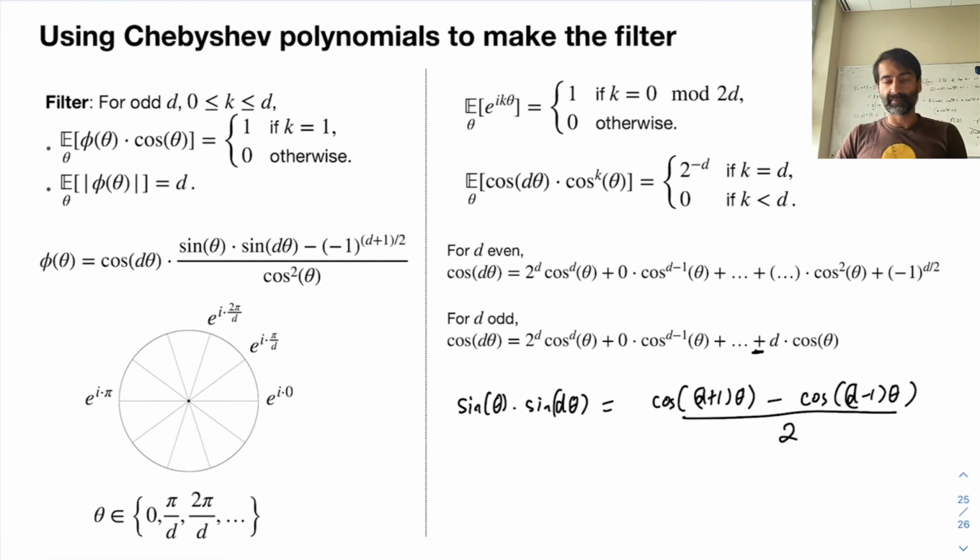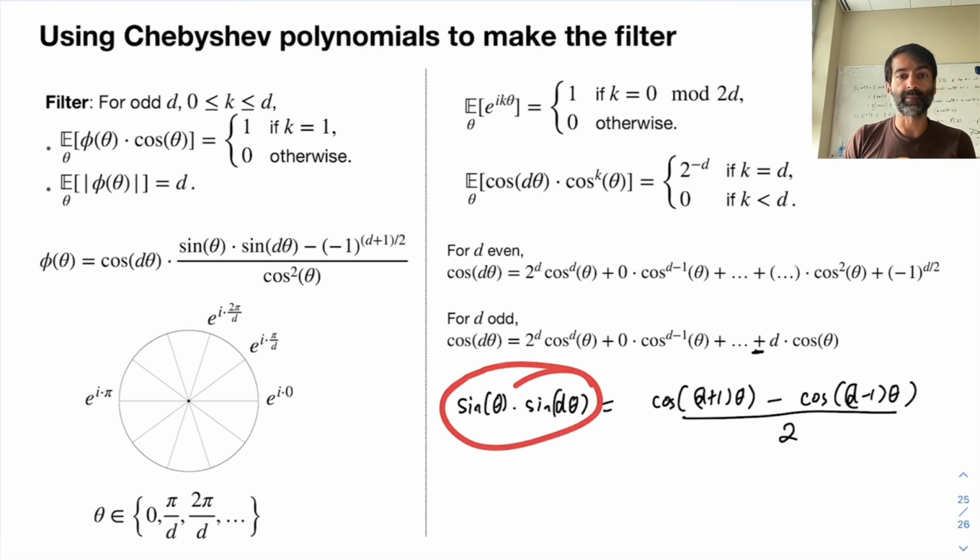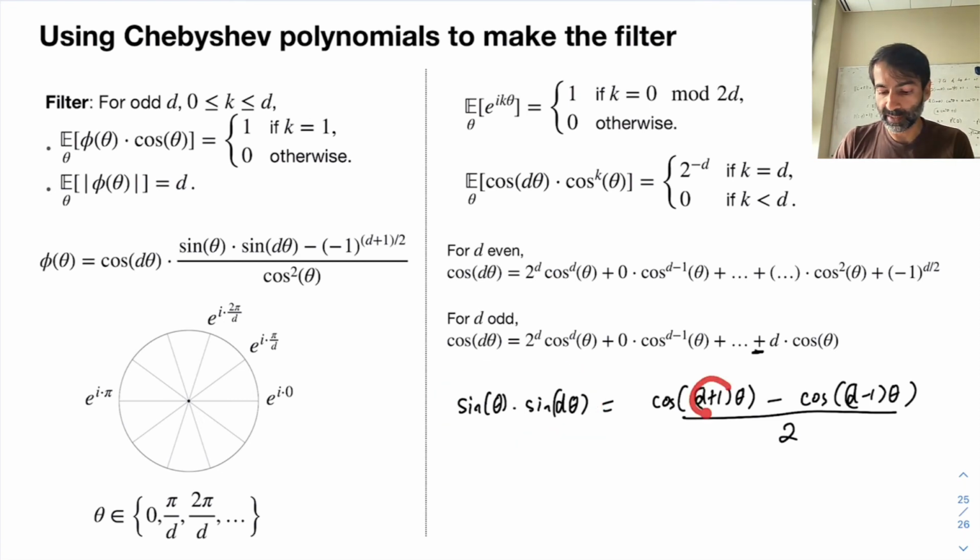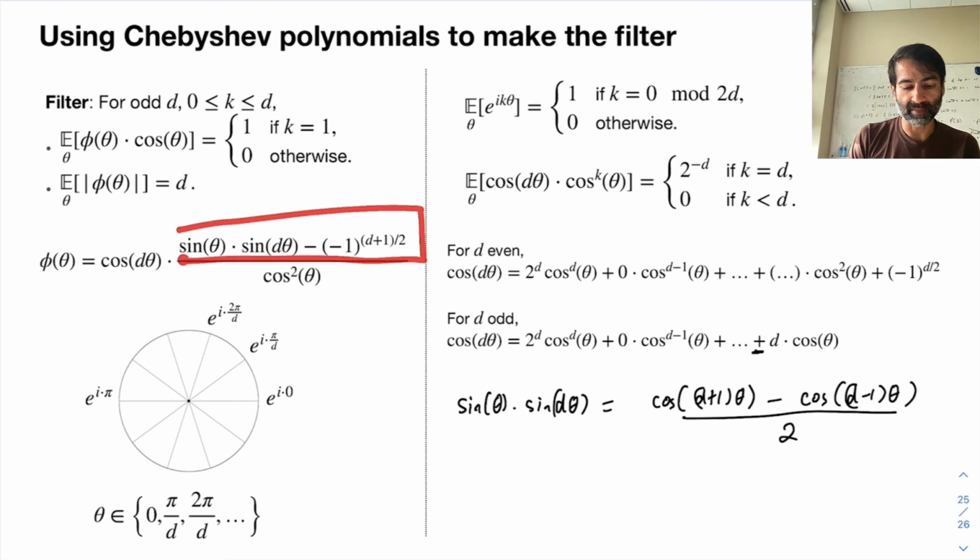Okay, and that means in particular that this is a polynomial in cosine theta. It's a polynomial of degree d plus 1. And therefore, this expression here has been set up to exactly delete from that polynomial the constant term and then divide by cosine squared theta.